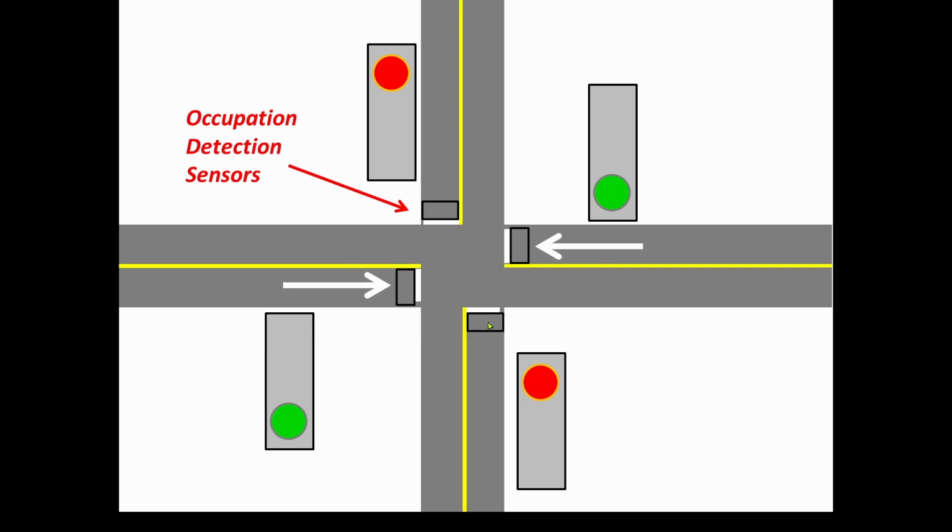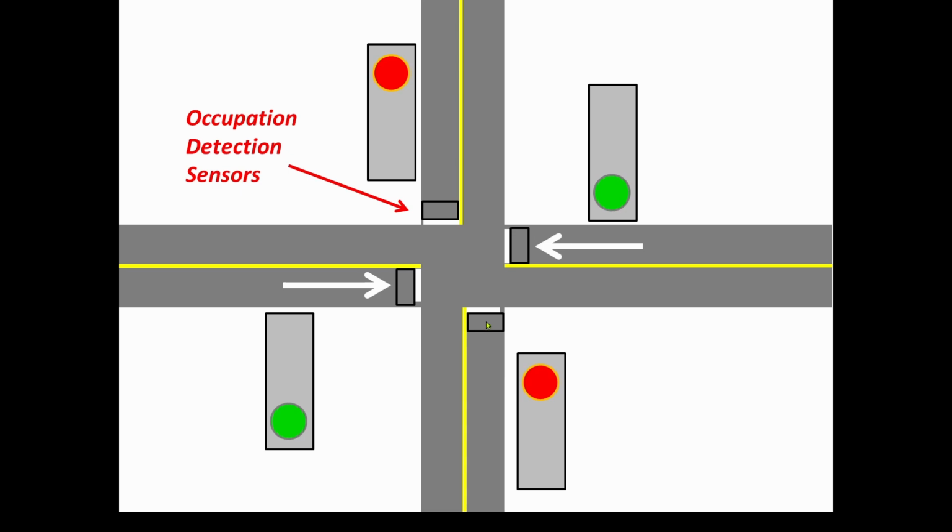We need to suddenly change state to allow this car or any other cars on that vertical road to travel, so that the horizontal lanes get a yellow light and then a red light, and then the vertical lanes get a green light so they can proceed.